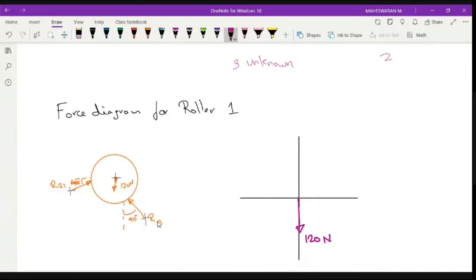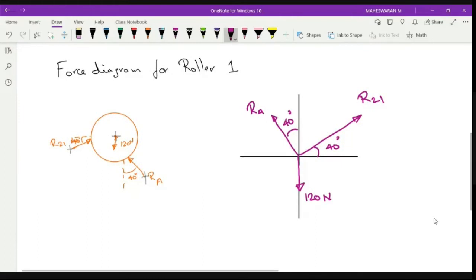If I consider RA, it is in the second quadrant, 40 degrees with the y-axis. Next, R21 is 40 degrees with the x-axis. In which quadrant is it? It is in the first quadrant. So I got all the sets of angles.